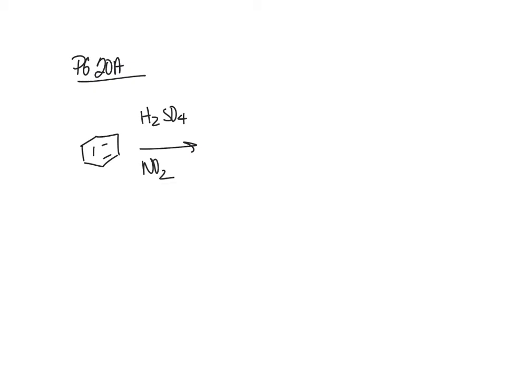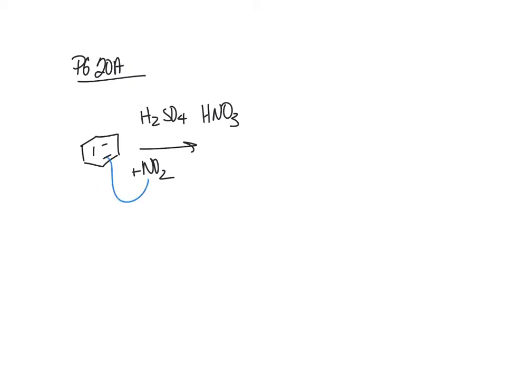So 20A on your POGIL. For 20A, I expected you to draw these reactions out with benzene. I'm not going to draw every one of them out, but when you draw the sulfuric acid and the nitric acid, I expect you to show your electrophile.